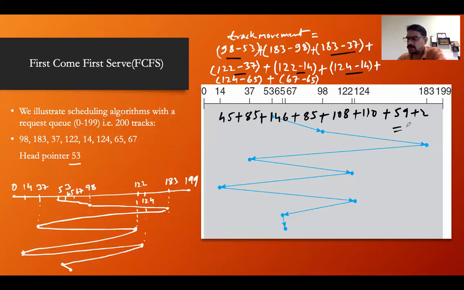So the total is around 640. So 640 is my answer for track movement. These many tracks I have to move to serve all the requests from my current position with the first come first serve algorithm. Okay.